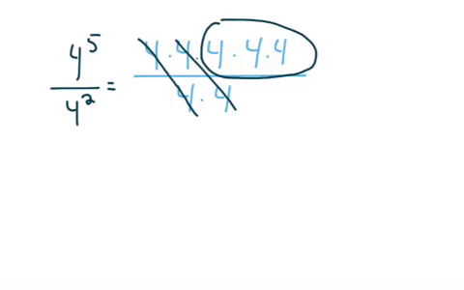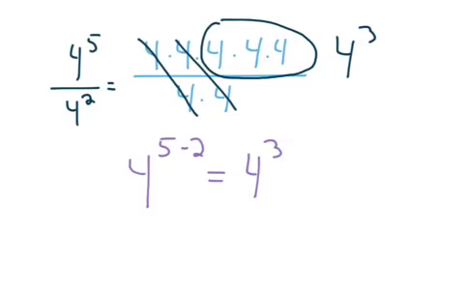I'm left with 4 times 4 times 4, which would also be 4 to the 3rd power. So I hope you're seeing the rule that anytime you have division, instead of adding your exponents, what's the opposite of adding? The opposite of adding is subtracting. So in this case, if I write down my base and subtract my exponents, I would get 4 to the 3rd, which also matches if I did it this longer way.